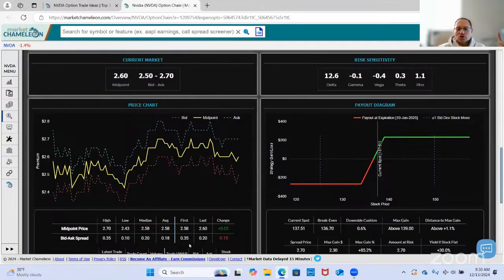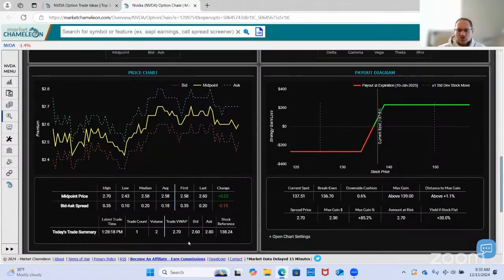So this gives us a couple things here. We have a chart and a table to tell us how the spread moved and the liquidity around it. How wide was it between the bid and the offer. And I'm going to finish here, but lastly, did this actual spread trade, this actual call spread, exactly like these two strikes and this expiration, did it actually trade?